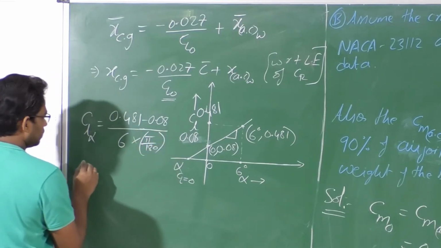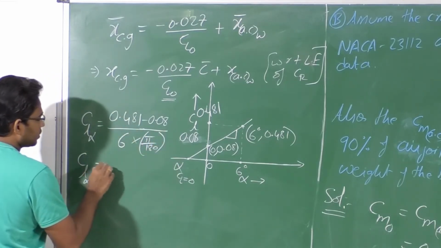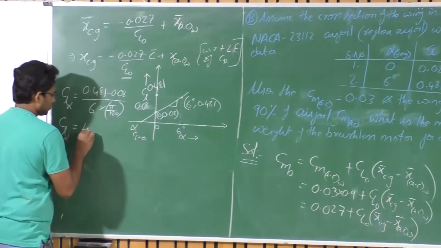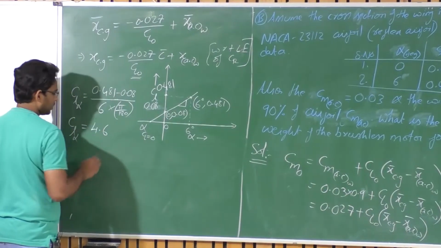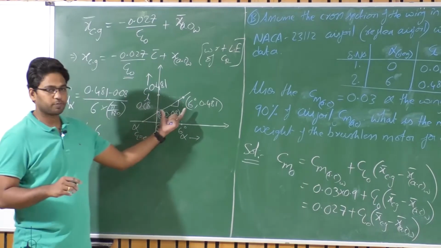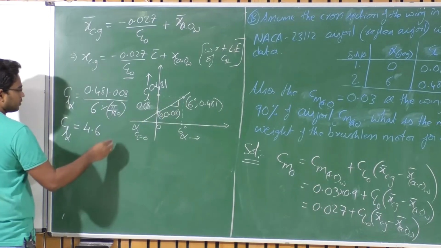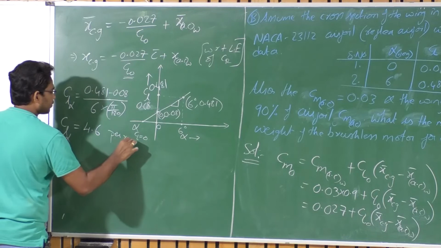So CL alpha 2D is equal to 4.6 per radian. That's the reason why we multiply by pi by 180, to get per radian.